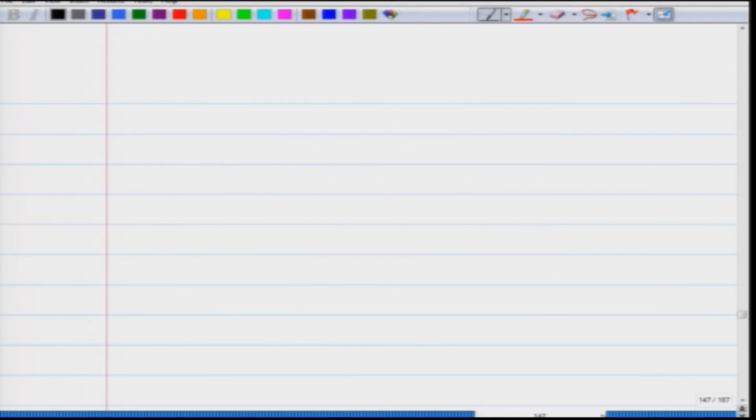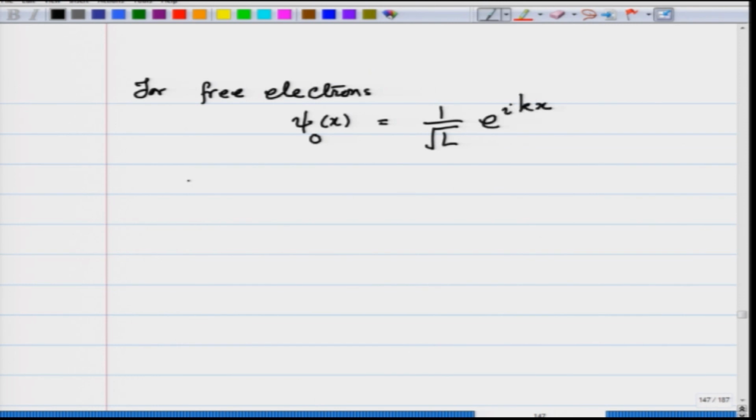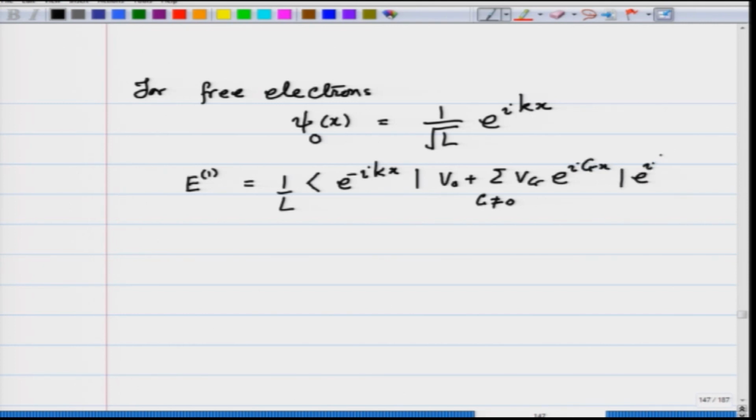Now, I am applying this periodic potential to the homogeneous gas or free electron gas. So, for free electrons, the wave function psi 0 in the language of perturbation theory was equal to 1 over root L e raised to i k x, and therefore, E 1 is going to be 1 over L integral of e raised to minus i k x, V 0 plus summation V G, G not equal to 0, e raised to i G x, e raised to i k x.